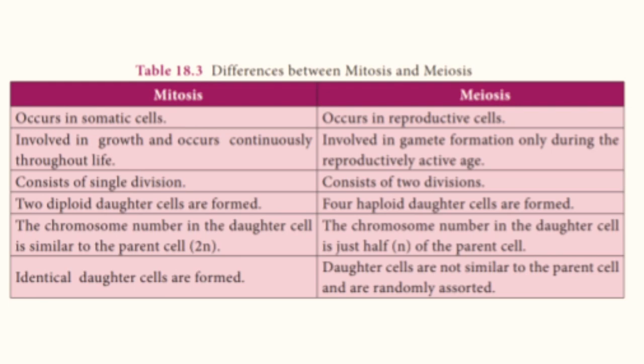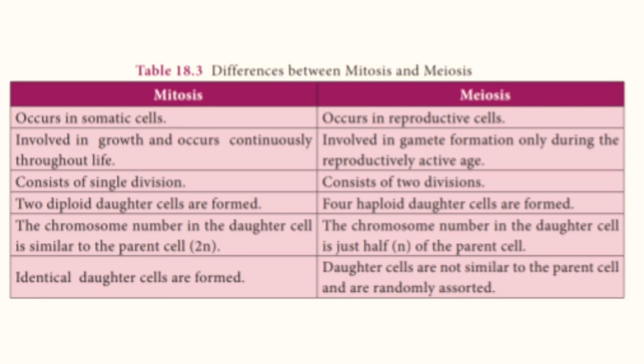Meiosis occurs in reproductive cells. And mitosis is involved in growth and occurs continuously throughout life because it relates only to somatic cells. And meiosis is involved in gametic formation only during the reproductively active stage. So meiosis occurs in the reproductive cells.